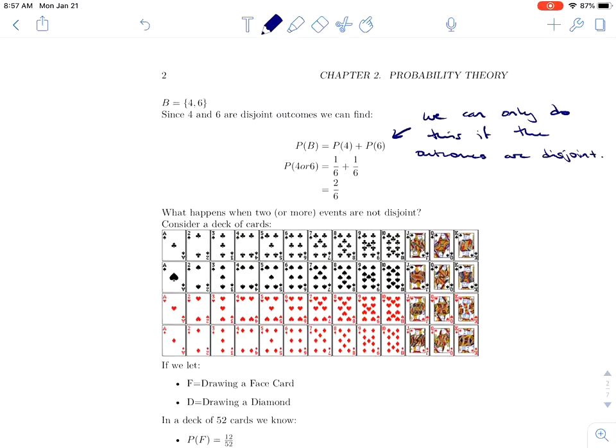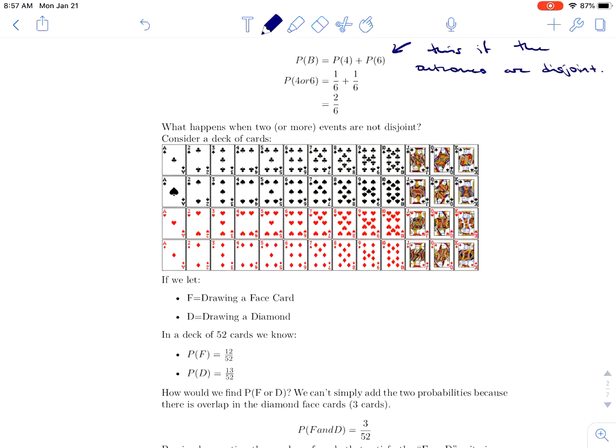So what happens if things aren't disjoint? What's that going to look like? I'll just make a note here. You'll see it on here, but these are red and these top 2 rows are black.